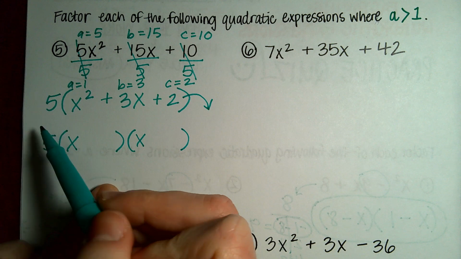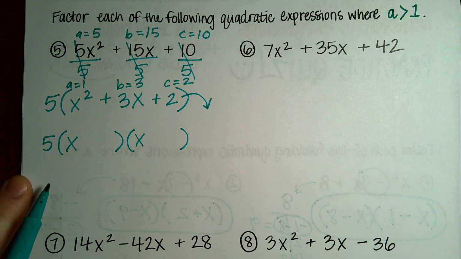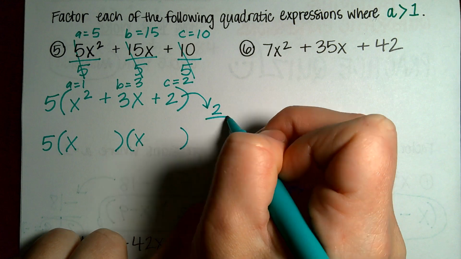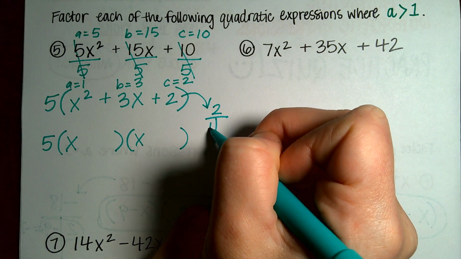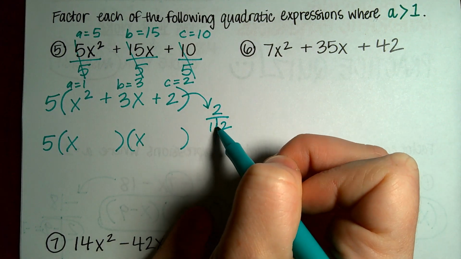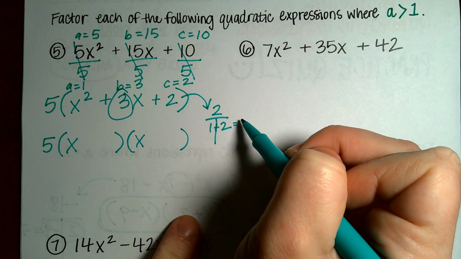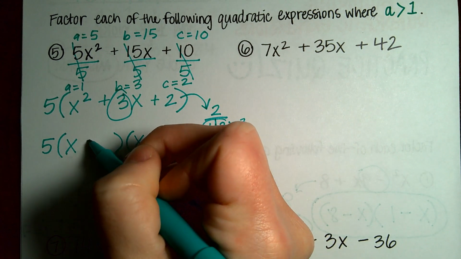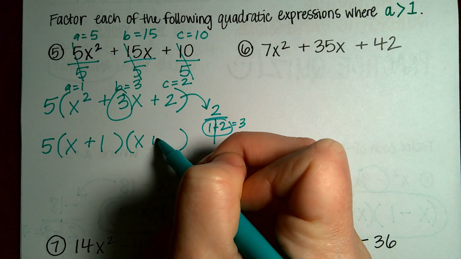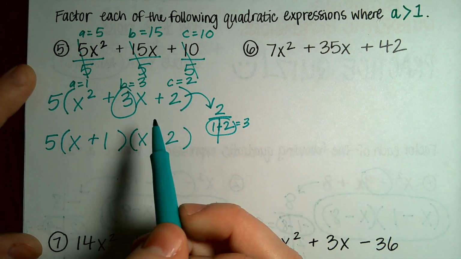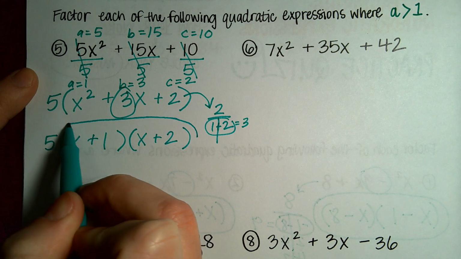When we factor out a GCF, the GCF goes outside your answer. Our only options for the factors are 1 and 2. And if we check, 1 plus 2 does make 3, which is our B. X plus 1 times x plus 2 with the 5 on the outside. And that would be our answer.